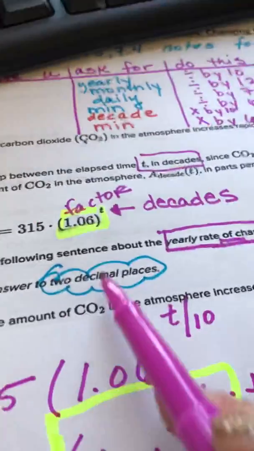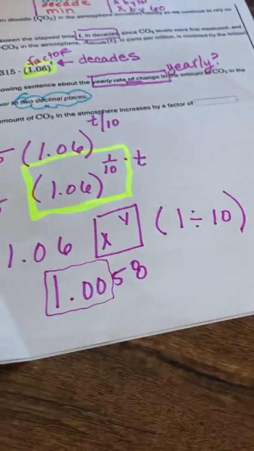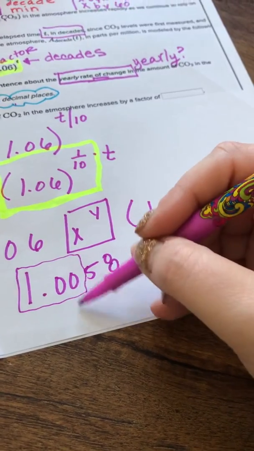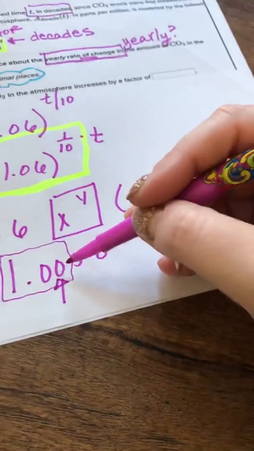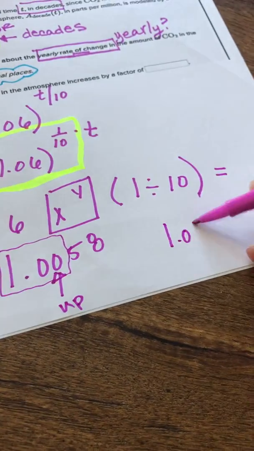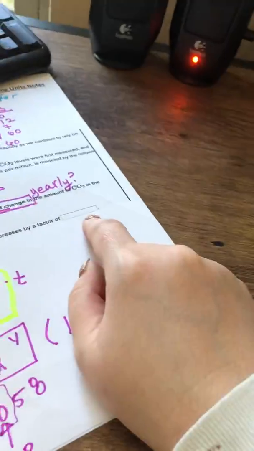But remember, it said 2 decimal places, so I want 2 numbers after the decimal. Since this 5 is bigger than 4, that makes this 0 go up to a 1. So 1.01. So that's what you type in your little box.